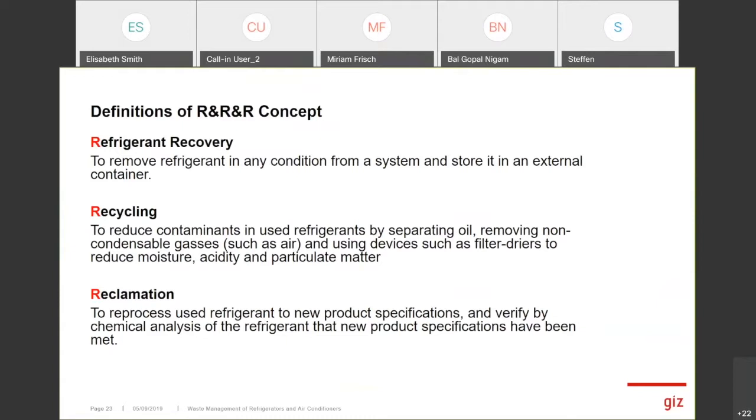And then the term reclamation is to process used refrigerant to new product specification and verify by chemical analysis of the refrigerant that the product specification has been met. So this is the meaning of the RRR concept.